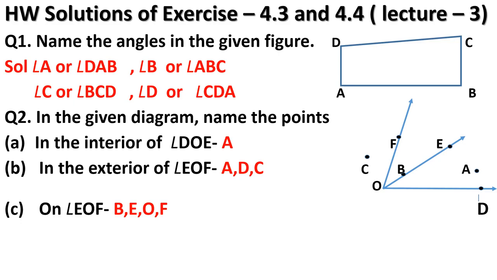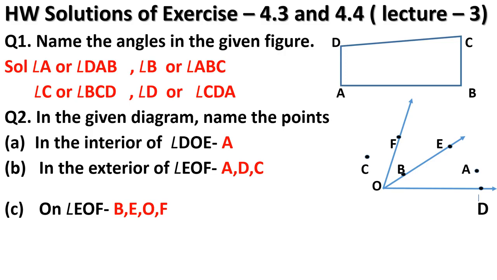Second, in the given diagram, name the points in the interior of angle DOE. First of all, be careful and see where angle DOE is. With your finger, mark DOE. Okay. Now see which point is in the interior of DOE.